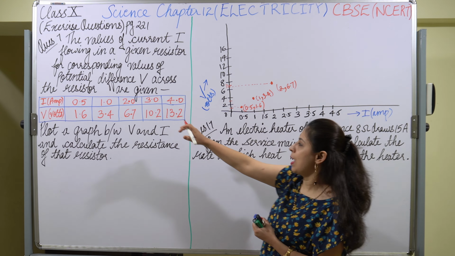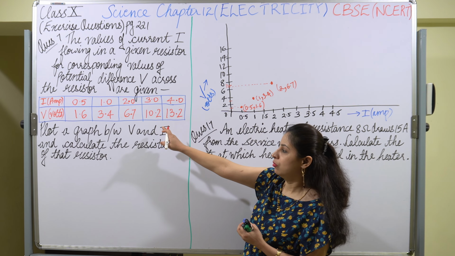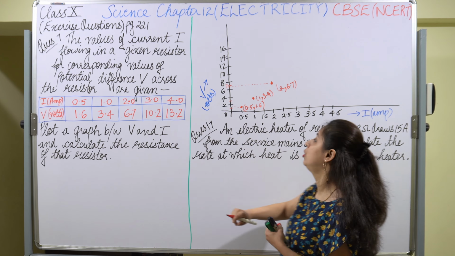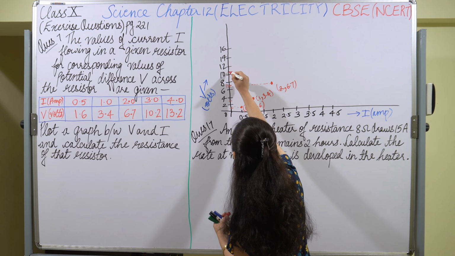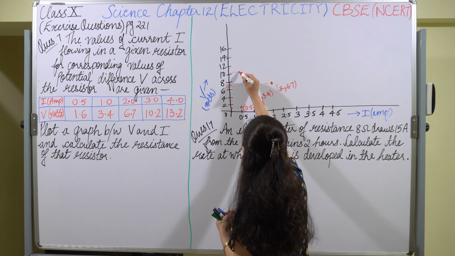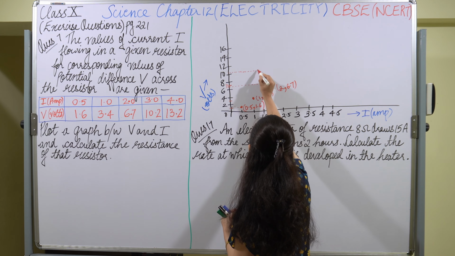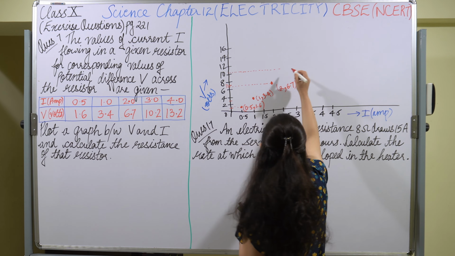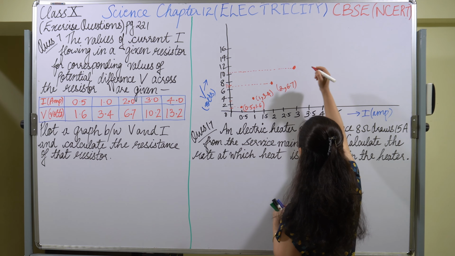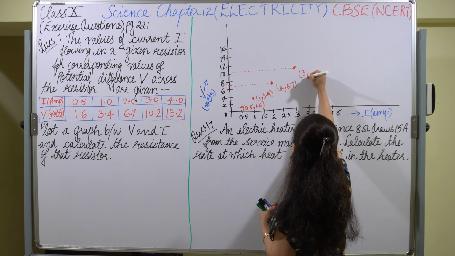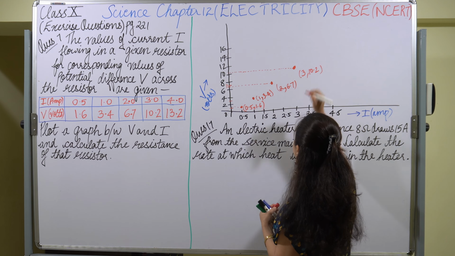Then the next value is 3. At 3 the value of voltage is 10.2. 3 is here, and 10.2 would be somewhere here. So it is 3 comma 10.2.